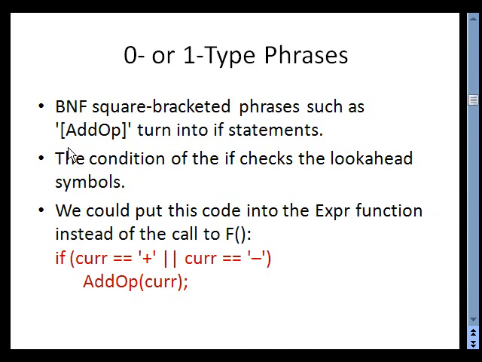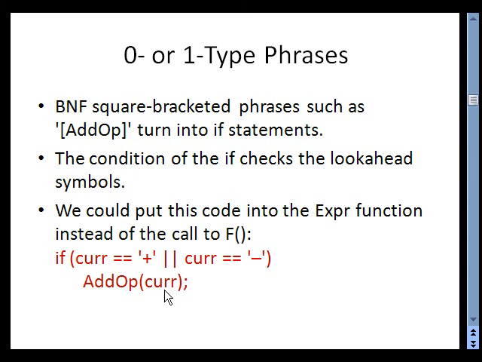The square bracketed phrases, such as we had in expression for the optional plus or minus at the beginning, turn into an if statement if we implement straight from the Backus-Naur form grammar. And our look-ahead set is what we use in the condition of the if. So for example, instead of calling the function f from inside expression, at that point where we called f, we replace the call to f with this: if current is a plus or current is a minus, then call AddOp.